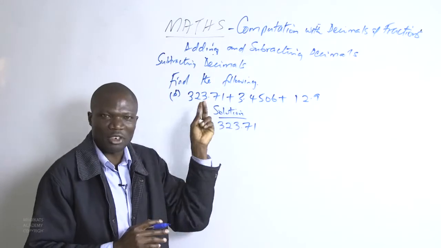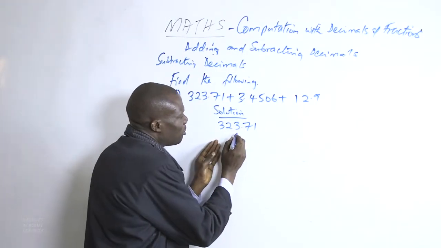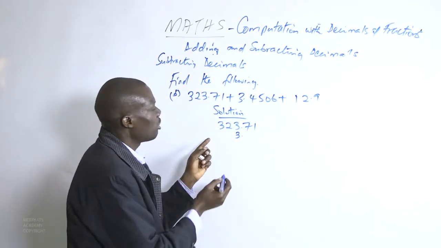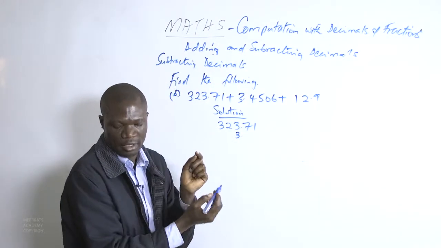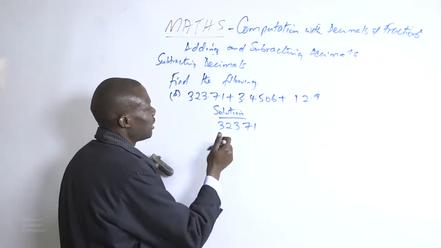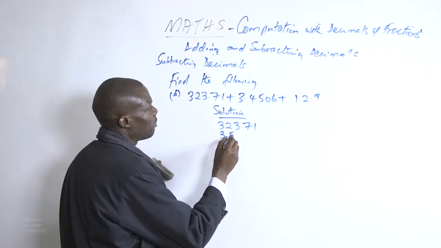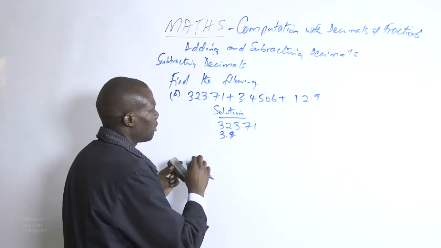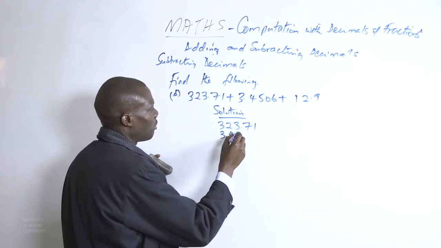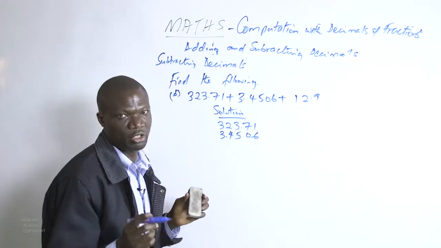The whole number is only in the column of ones, so it should be under the column of ones. You cannot write the second number as 0.4506. I want you to note this.